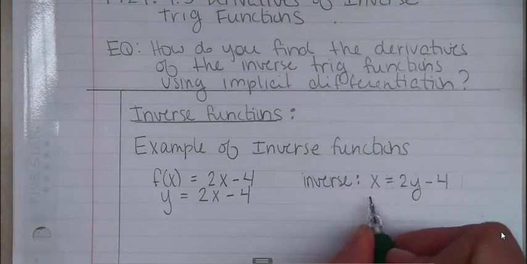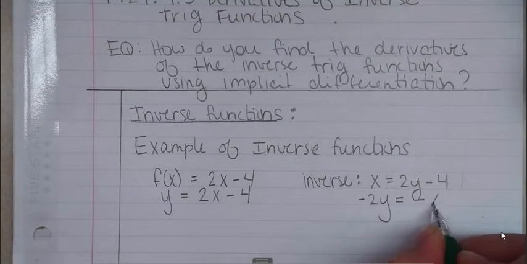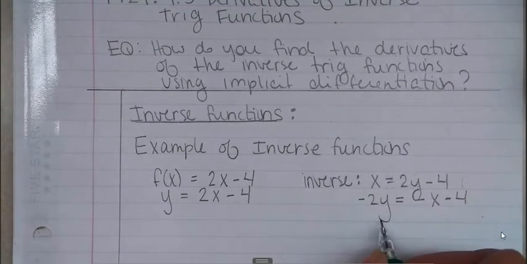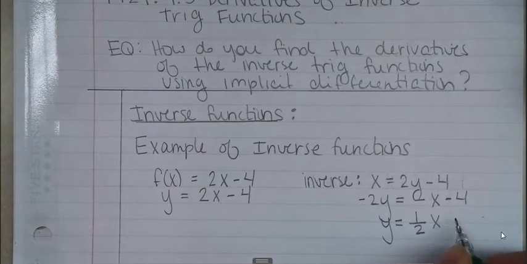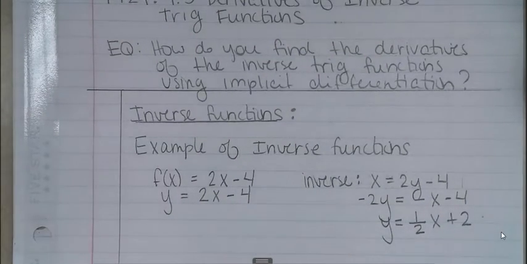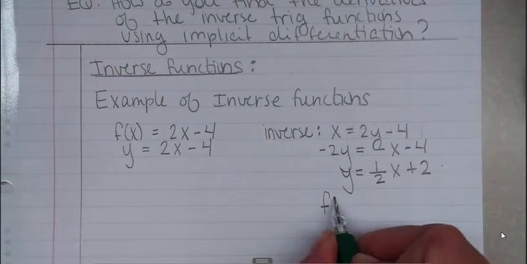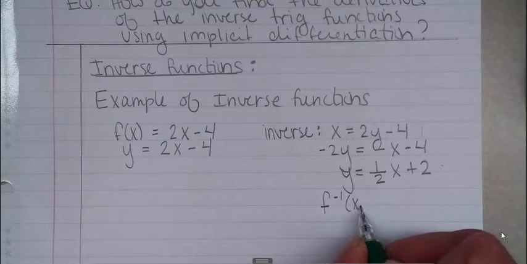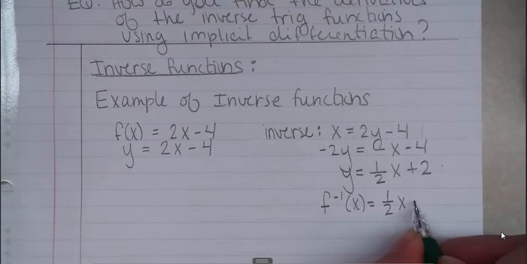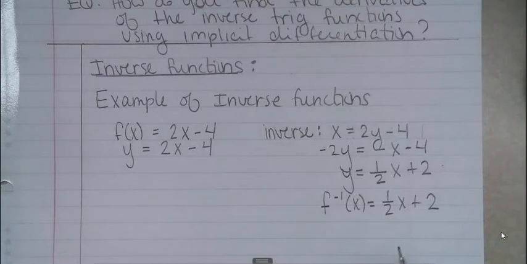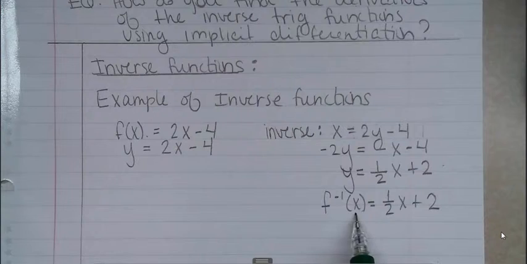So I'm going to have negative 2y equals negative x minus 4, and divide by negative 2. A better way to write this is to say f inverse of x will equal 1/2 x plus 2. So this is the original function, and this is its inverse.